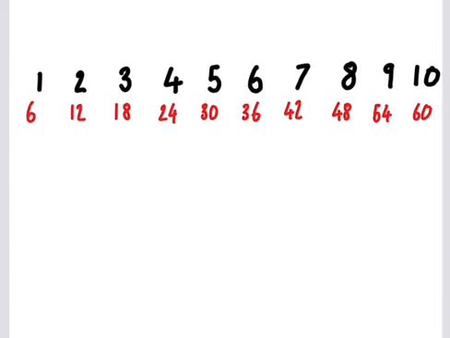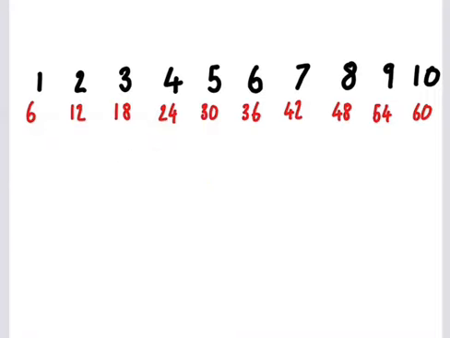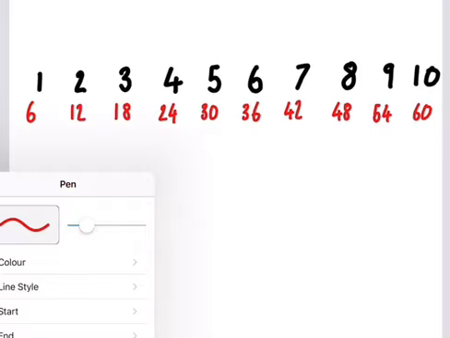Now, why did I say we had to multiply by 10? Well, so far we've got the 6 times tables, but we're about to do time. We're about to do hours, and hours are made up of 60 minutes. We need to count in 60s, not 6s, but that's fine.